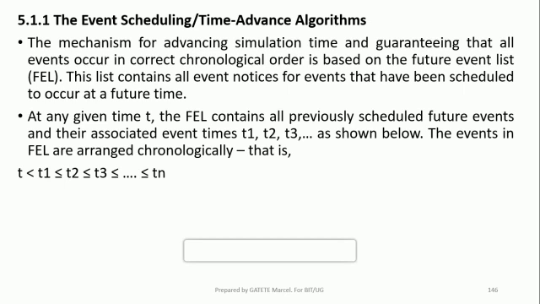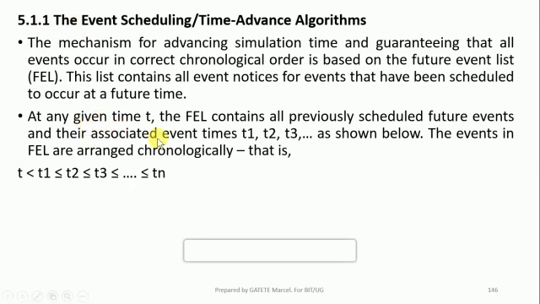The FEL will contain event notices for events that have been scheduled to occur at a future time. This will contain a list of events which are about to come, with notices which provide information about them.